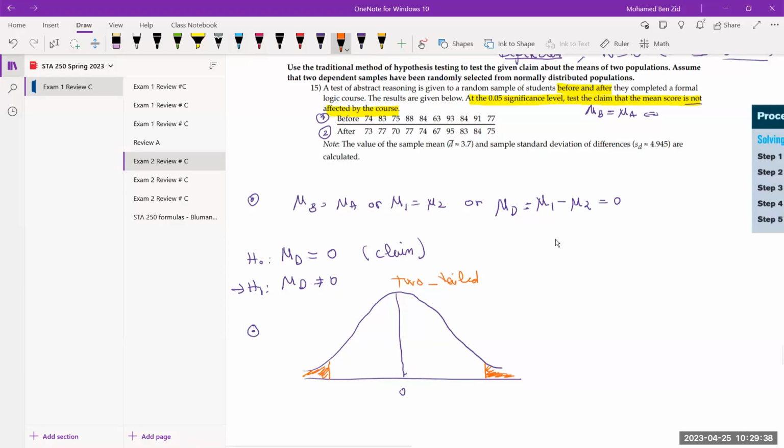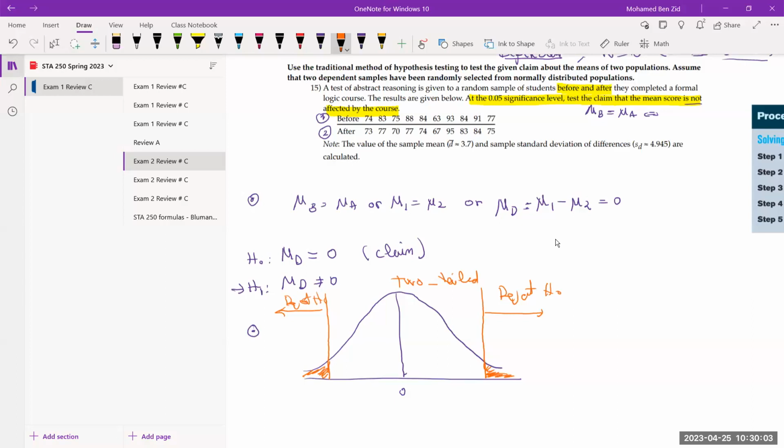So the meaning of two-tailed is that these are your cutoffs. From here, reject H0, and from here, reject H0.